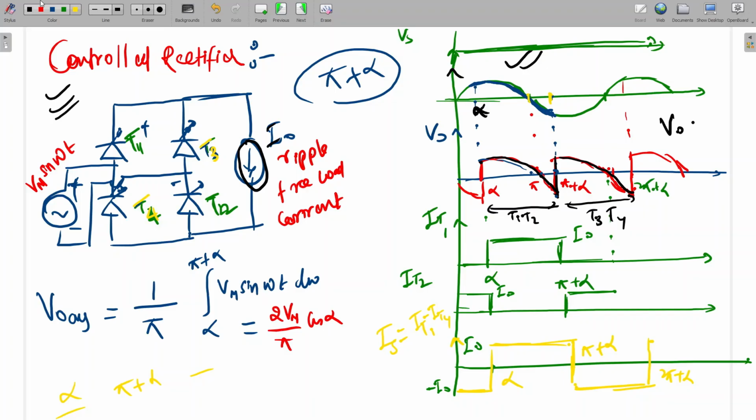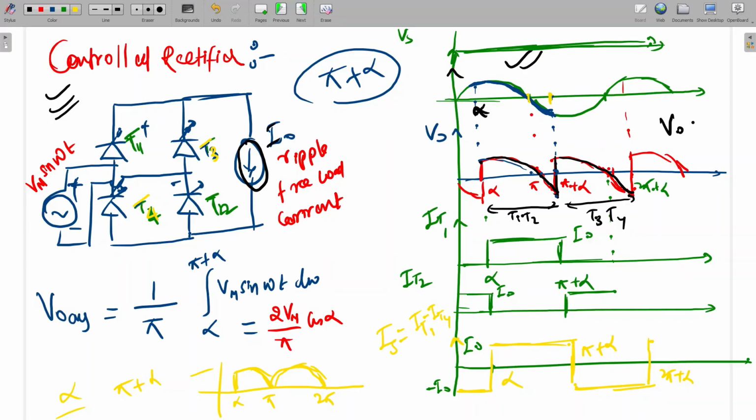We can draw that waveform also. Let's say in the positive half cycle I am triggering at alpha. This is a new kind of analysis. I think till now in GATE they have not asked. So let's say this is pi. First I am triggering at alpha. Again at pi only, if I am triggering, then it will come here like this, 2 pi.